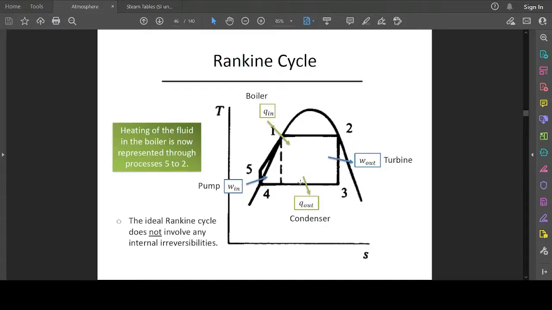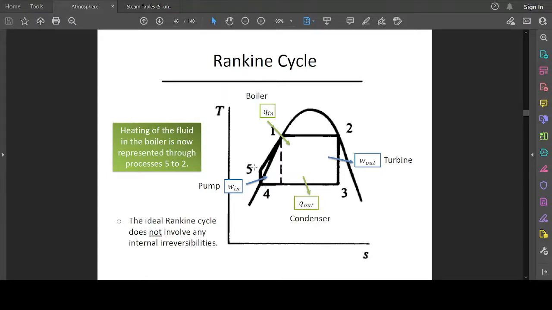So the total heat goes in at stage 1, between 1 and 2, and between 2 and 3 the work done by the fluid as usual leaves, and between 3 and 4 is the condensation, the removal of heat. Then the pump work goes in between 4 and 5.